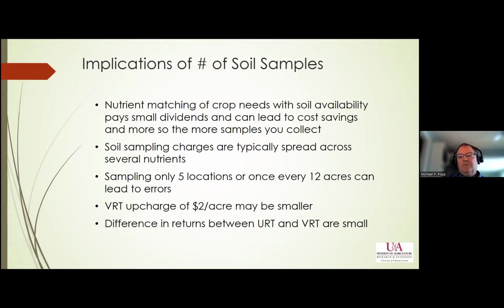At the same time, we assume that a soil sample costs us $5 in terms of fuel, labor, actually dealing with the numbers and using the numbers. That's our estimate, $5. But that $5 charge usually doesn't just get you information about K, it also gives you information about pH and a bunch of other soil parameters.